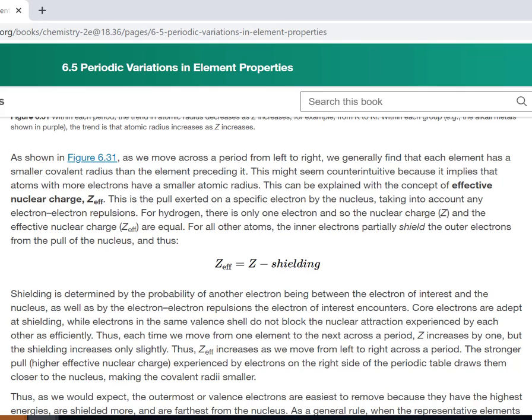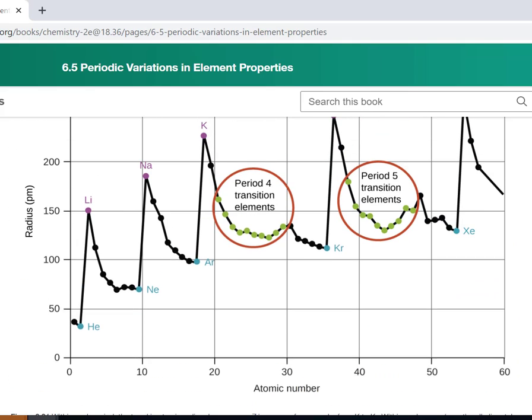So for example, for something like one of these group 1s, you have one valence electron. So your valence electron is feeling the charge of a +1 because everything beyond that is being shielded.